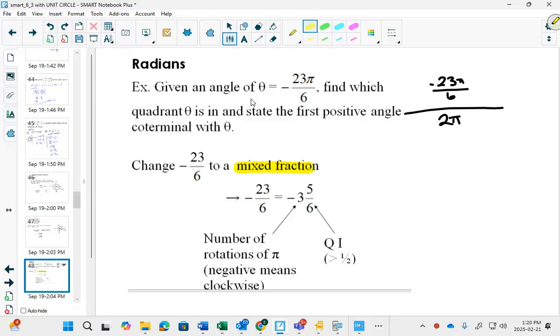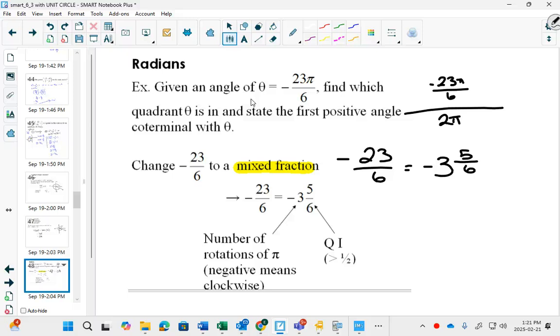So first of all, do you remember how you would change 23 over 6? Well, for sure I can get 3 full 6s in 23. That would give me 18. There would be 5 left over. So 23 over 6 would be 3 and 5/6.